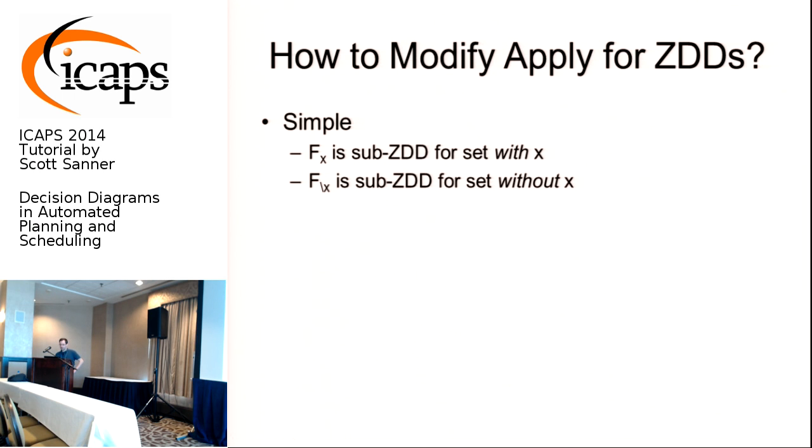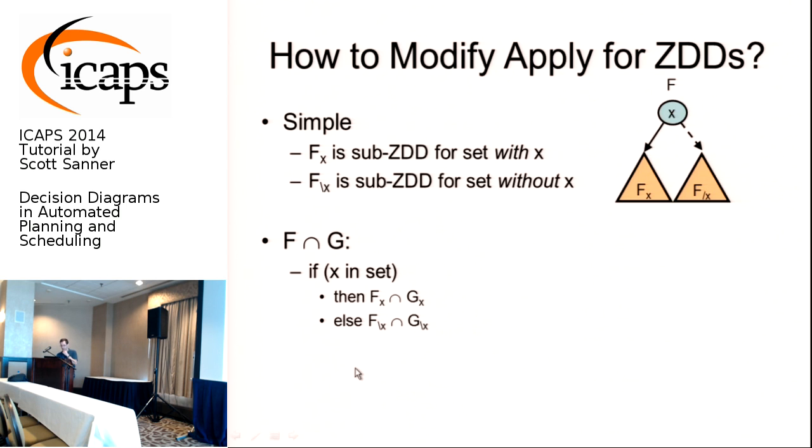So how do you modify the apply algorithm to work with this zero suppression? It's pretty straightforward. What if I want to do the intersection? Okay. Well, just like for the other binary operations, imagine that I have f and g.